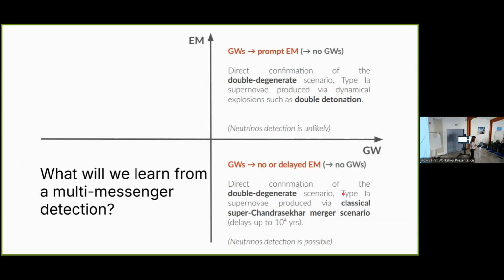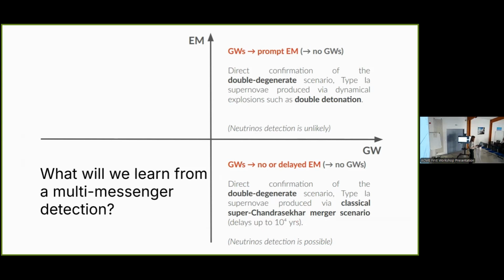But in this case, we know that some of the detonation models that are more of the classical super-Chandrasekhar type, where you bring two white dwarfs together to form a total mass higher than 1.4 solar masses, have delay times for the electromagnetic radiation of up to tens of thousands of years.